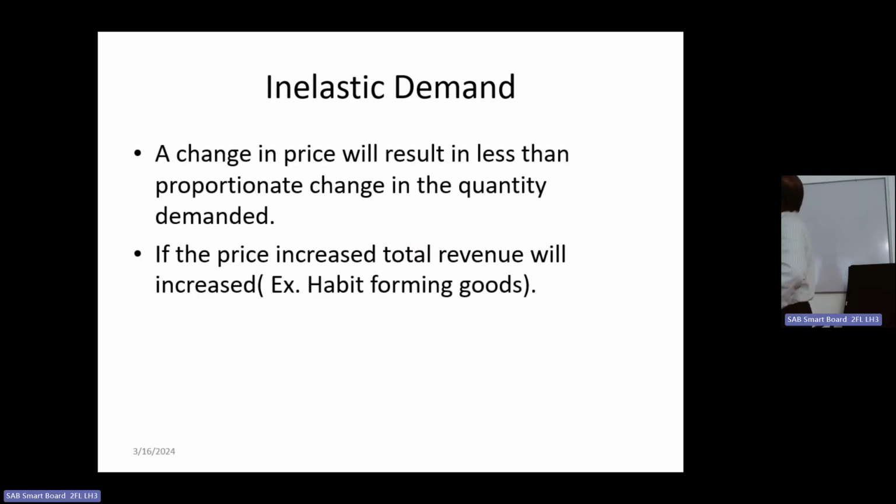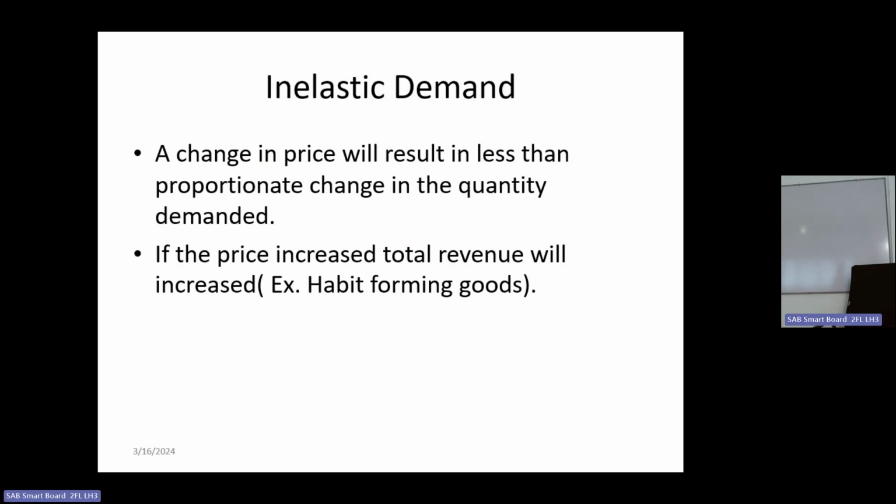If there is inelastic demand, the quantity demanded is less than proportionate to the change in price. There's less sensitivity. So what is the best option: raising the price or decreasing the price?